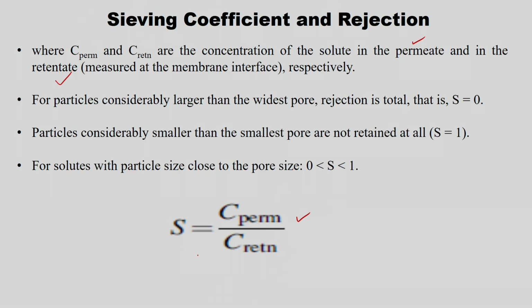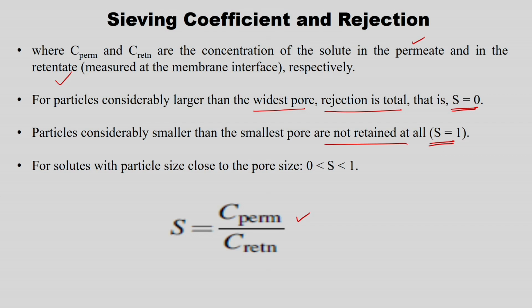For particles considerably larger than the widest pore, the rejection is total. That means S equals 0. If the particles are considerably smaller than the smallest pore, they are not retained, so in that case the sieving coefficient is 1.